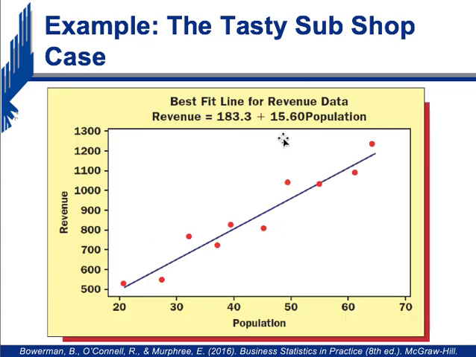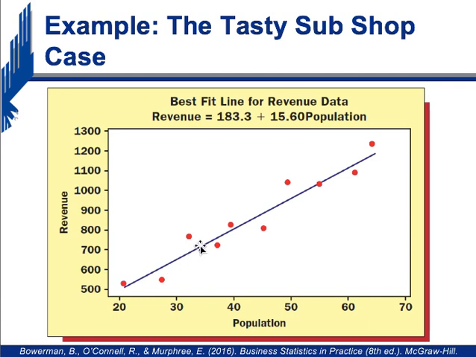So this is our estimate for the regression model: y hat is equal to 183 plus 15.6 times the value of x, where x is the population, the independent variable, and y hat is the predicted revenue for the Tasty Sub Shop.